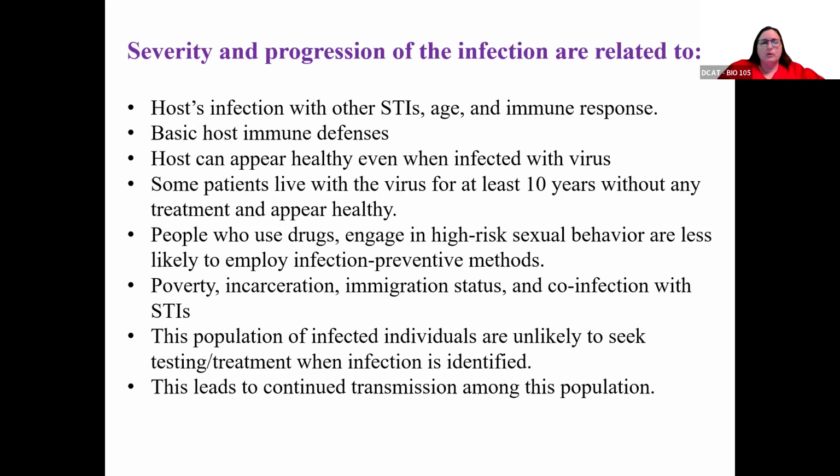So poverty, incarceration, immigration status, and co-infection with STIs. It says the reason why is because the population of infected individuals, the ones we were just talking about, with poverty, incarceration, immigration, co-infections, are unlikely to seek testing or treatment when infection is identified, and so this can lead to continued transmission among this population.